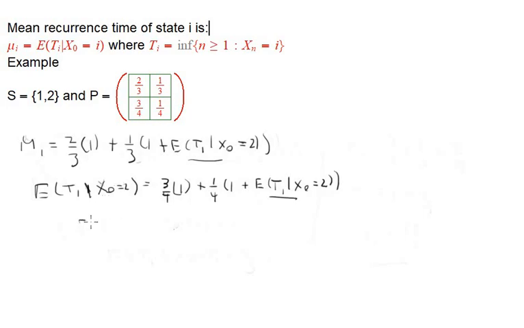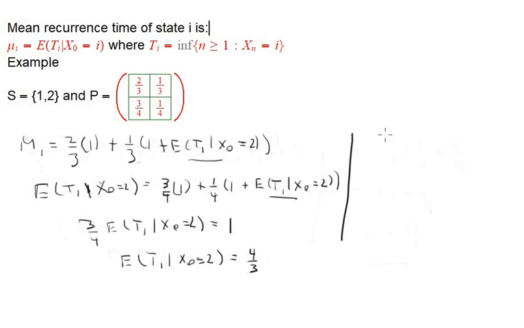That gives me 3/4 the expected value of t1, given that you're initially in state 2, is equal to 1. That gives me the expected amount of time it takes to get to state 1, given that you're starting in state 2, is equal to 4/3.